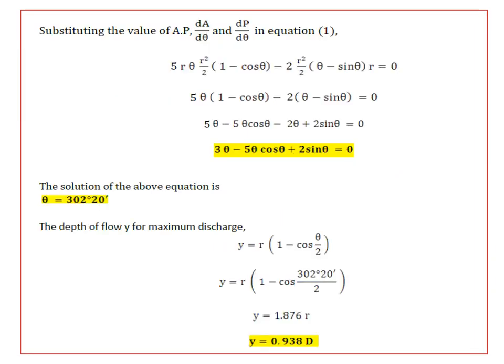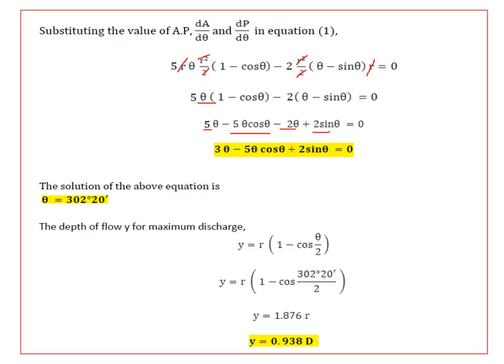After substituting, r squared cancels out, half and half cancel out, and r and r cancel out. So you are left with 5 theta minus 5 theta cos theta minus 2 theta plus 2 sin theta.